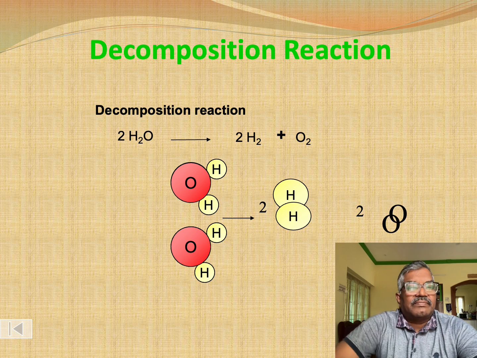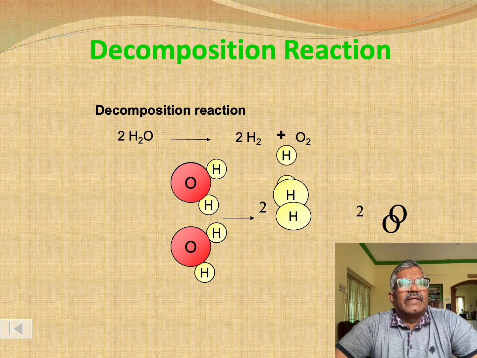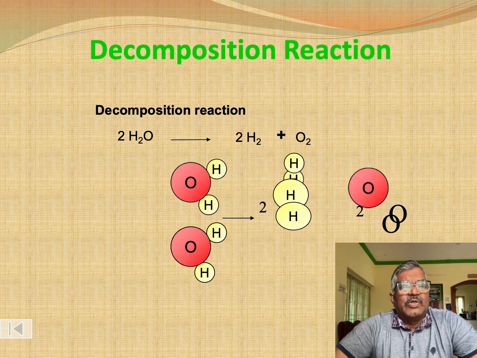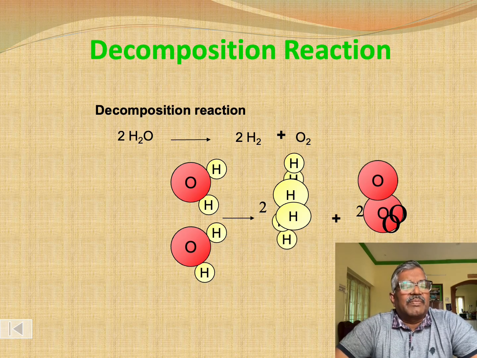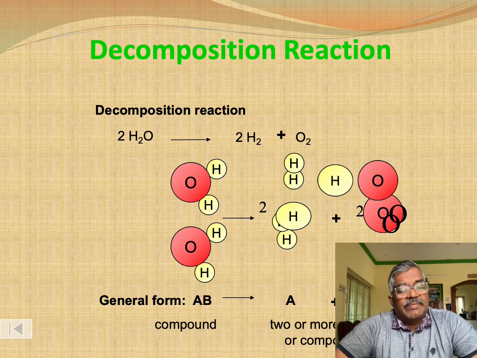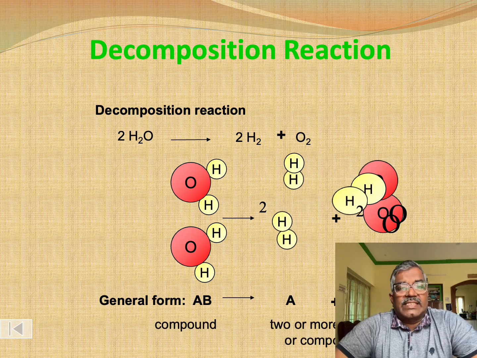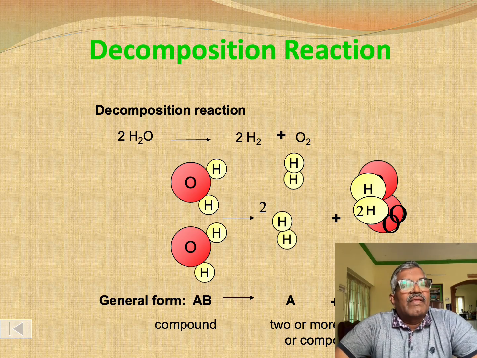And here they have explained the same decomposition reaction with the help of animation. So the same thing, it is electrolysis. You can see here, I already told you, it is a balanced chemical equation. You can see that 2 is already written in front of H2O and 2 in front of H2.